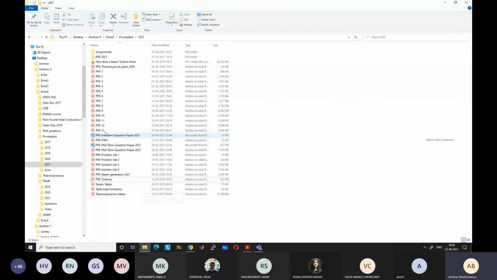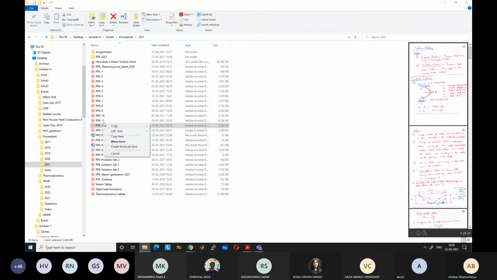Okay, this is the pressure compounding. The other type of compounding is known as velocity compounding. Let us take a look at that, and then we'll do an analysis of velocity compounding and finish today's class.